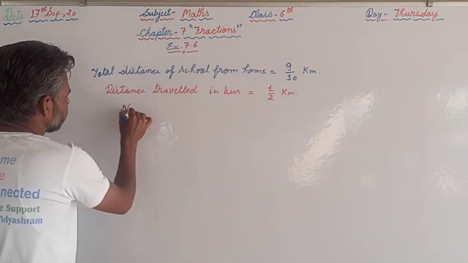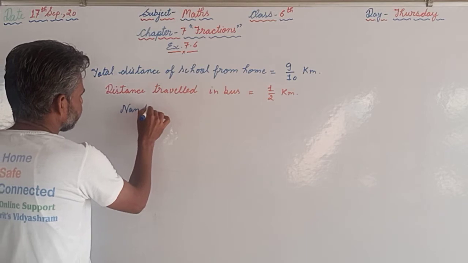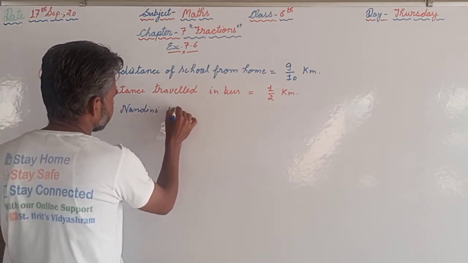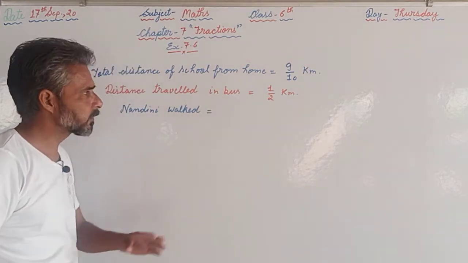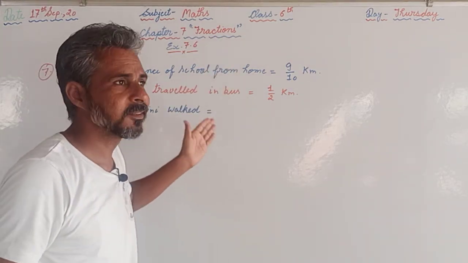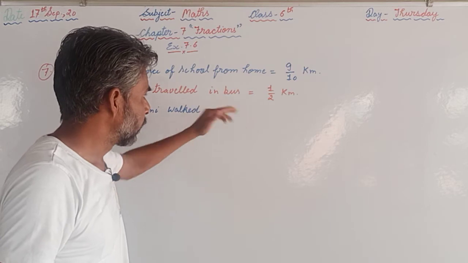Nandini walked. Now the total distance is 9 upon 10 kilometer and she covered with bus half kilometer.